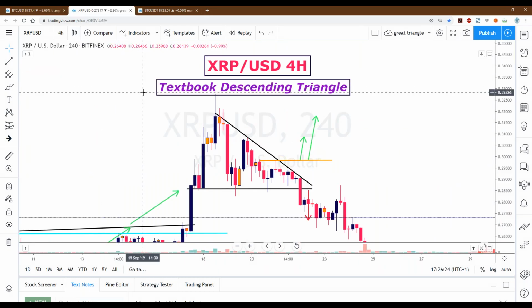So here on our descending triangle, we were actually thinking that the market would go up, and we were looking for a breakout this direction. But what happened is it pushed in the apex, breakout, confirmation, third candle confirmation.